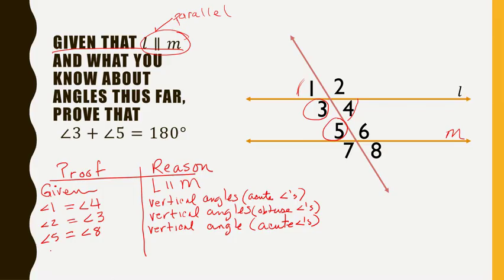And then we could say angle 1, let's see here. I know, I'm probably doing this the longhand way, guys. Angle 6 is equal to angle 7, vertical angles.